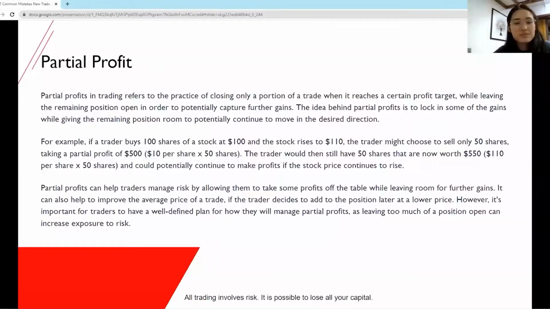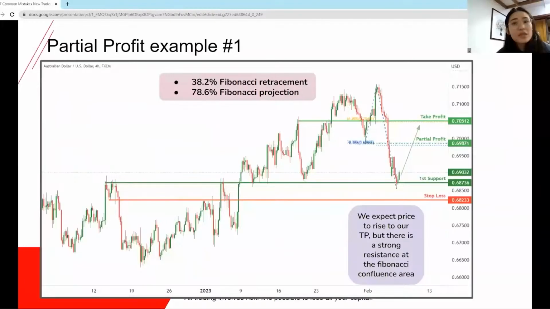Okay, so let's look at a couple of examples of partial profit. So here's our first example, which is the Aussie dollar chart. On this chart, we have our first support, which is also our entry, and we're expecting price to hit towards our take profit.